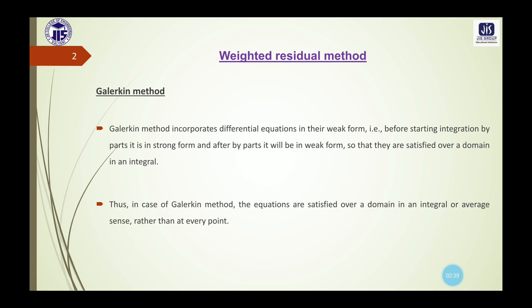One is the experimental method, another is the analytical method, and number three is the numerical method or approximate method. And we know that finite element method is a numerical technique or numerical method to find the approximate solution of partial differential equations.